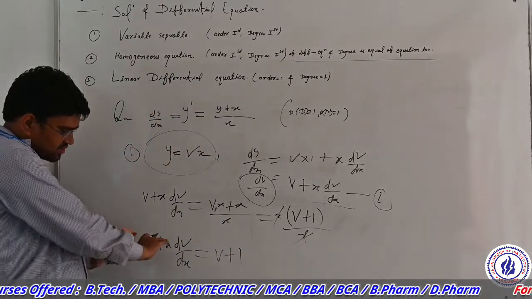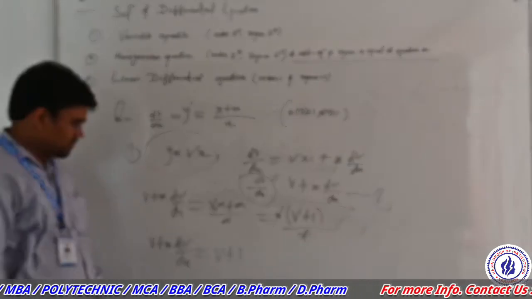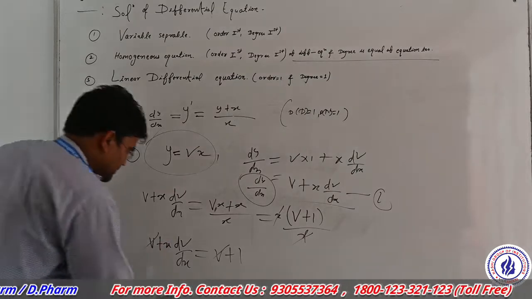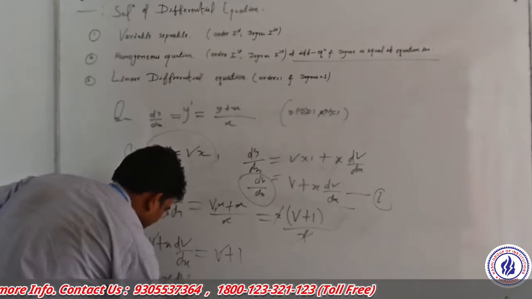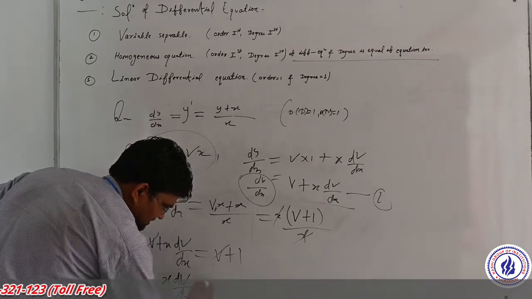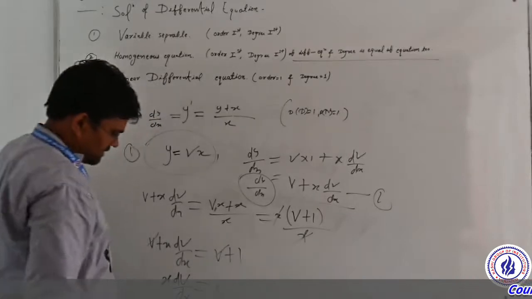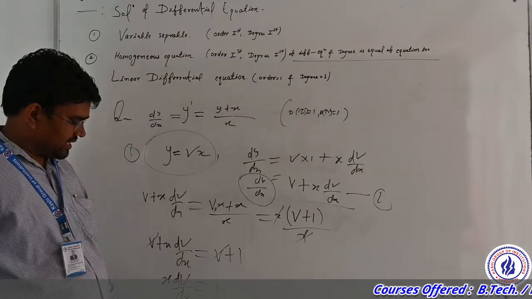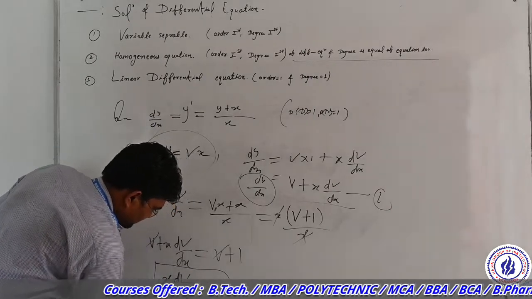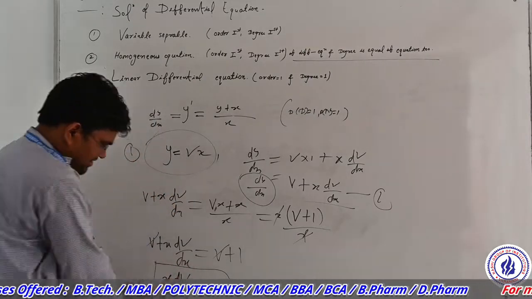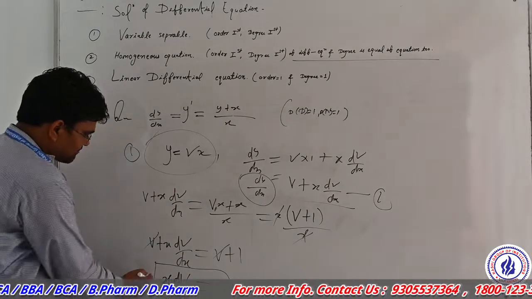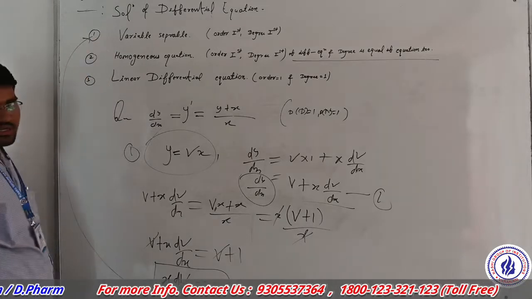Now our equation is reduced to a simple form. Here we have v on both sides, so v cancels out from both sides. Now we have x dv upon dx equal to 1. If you are careful about that relation, you find a very amazing result: this has come to the variable separable concept.